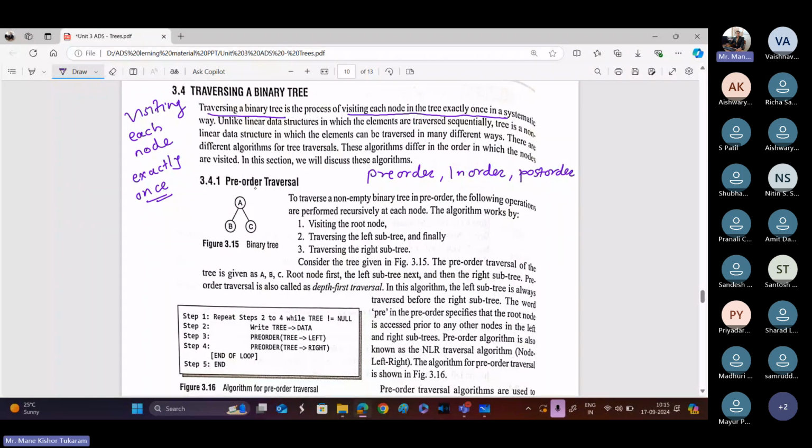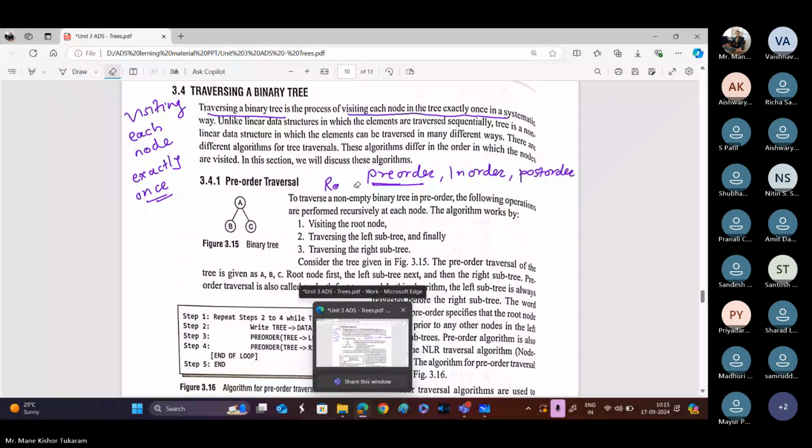Okay, so pre-order means what? Root is processed first, then left node, and then right node. Then in-order: left node, root is processed in between the left and right. And here post-order means what? Root is processed at the end.